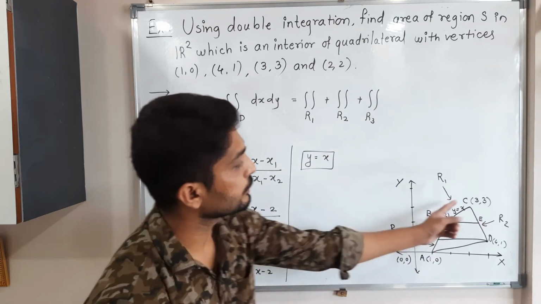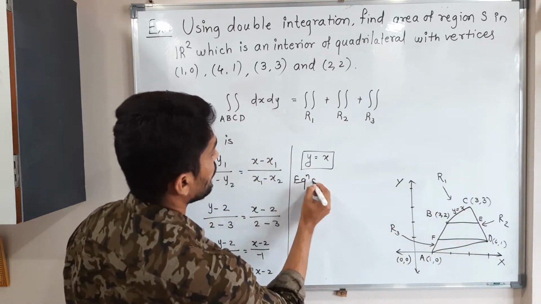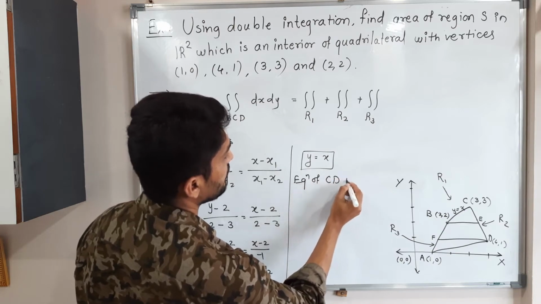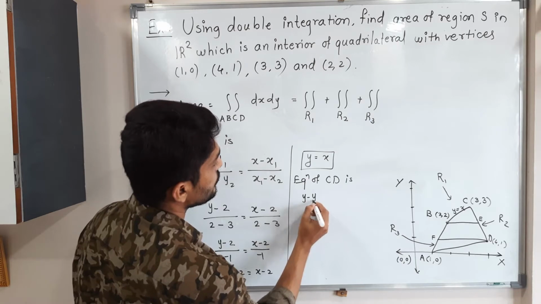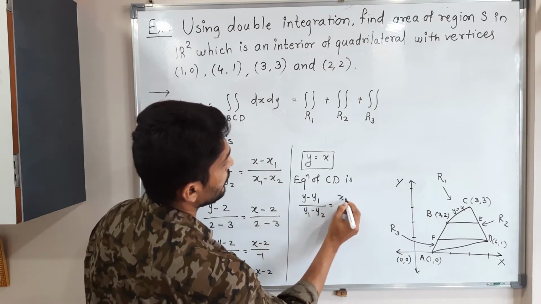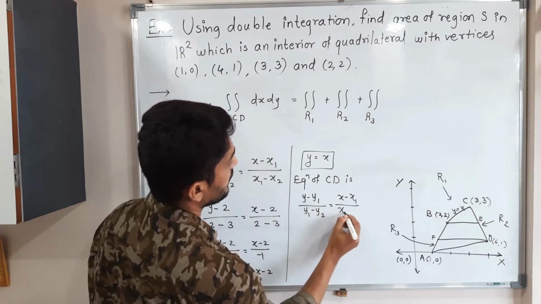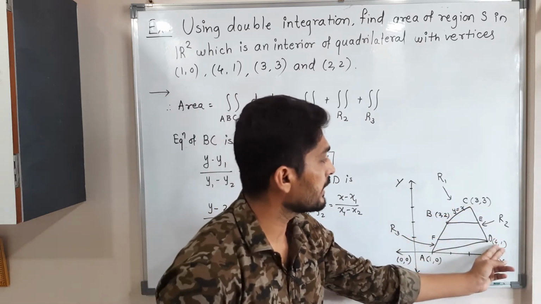Similarly, I will find the equation of CD, using the same formula: (y minus y1) upon (y1 minus y2) is equal to (x minus x1) upon (x1 minus x2), where this is my (x1, y1) and this is my (x2, y2).